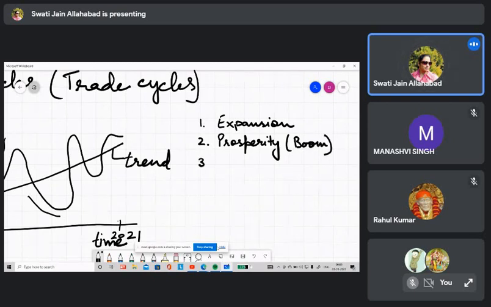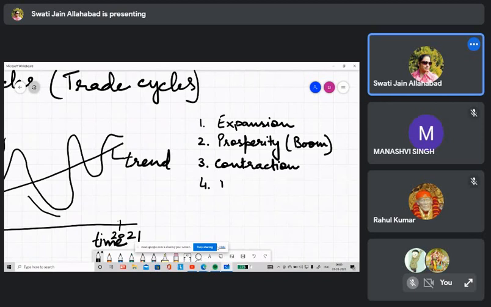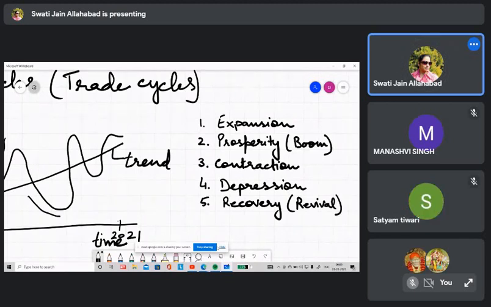Third is contraction. Fourth can be depression. Fifth can be recovery, or it can be revival. And then sixth, again, expansion.